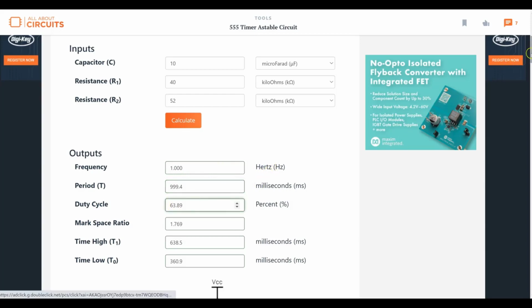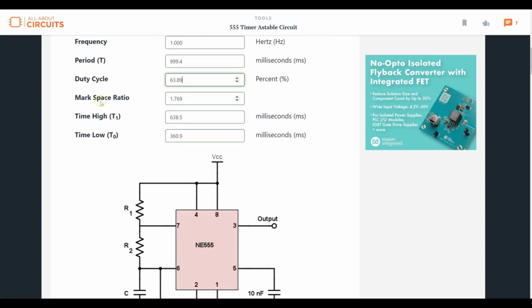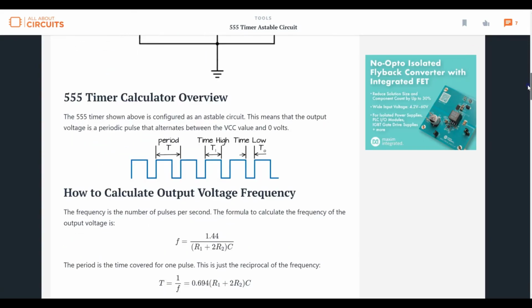Duty cycle. What does duty cycle mean? What does mark space ratio mean? What do time high and time low mean? Okay, let's look at it. Remember, every 1 second it's going to trigger a signal which is going to be anywhere between 0 and whatever the power supply is, right? So the time period is basically the positive part and the negative part of the cycle right here, correct?